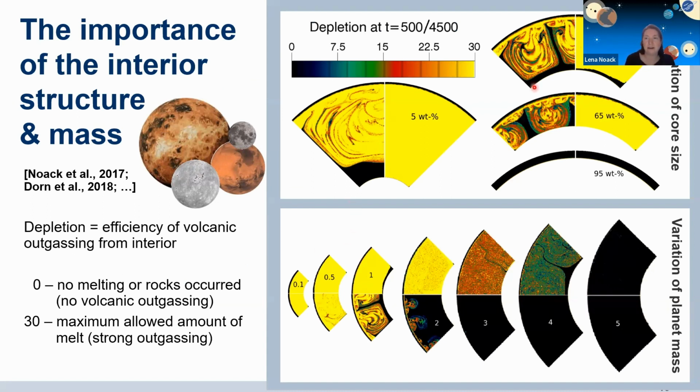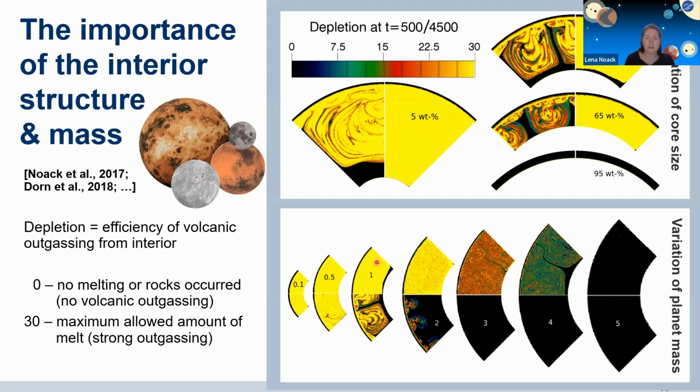What you see here are two different parameter studies where we took a planet, our Earth, our model Earth, without plate tectonics, so taking it as a stagnant lid planet for simplicity, and thinking about what would change if, for example, the core of Earth would be much smaller, with a very small iron fraction of just 5 weight%, or if you would go to a huge iron core.